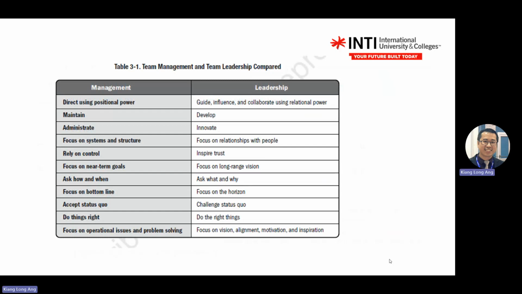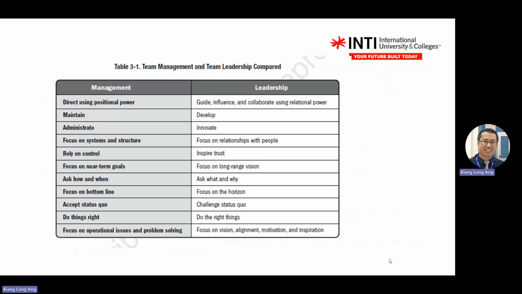So then you elaborate based on these two. Okay. If you manage something, there's a certain way of doing it, means do things right. But leadership is do the right thing. Do the right thing means you ask why, you build trust, you develop people, influence people. So in management, you solve problems.